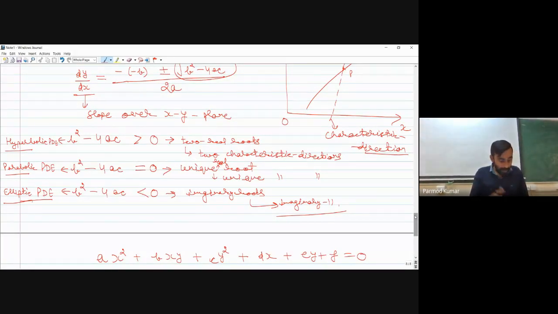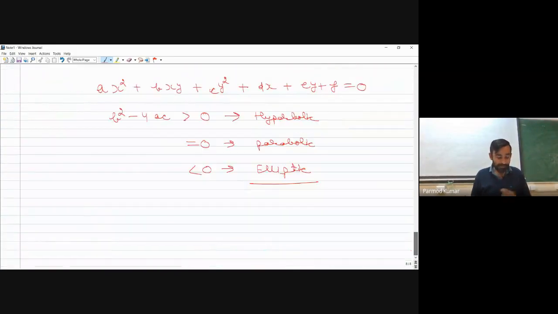Now, apart from finding the roots of this equation to determine the slope of the characteristic line, we can also find only the eigenvalues of the matrix.